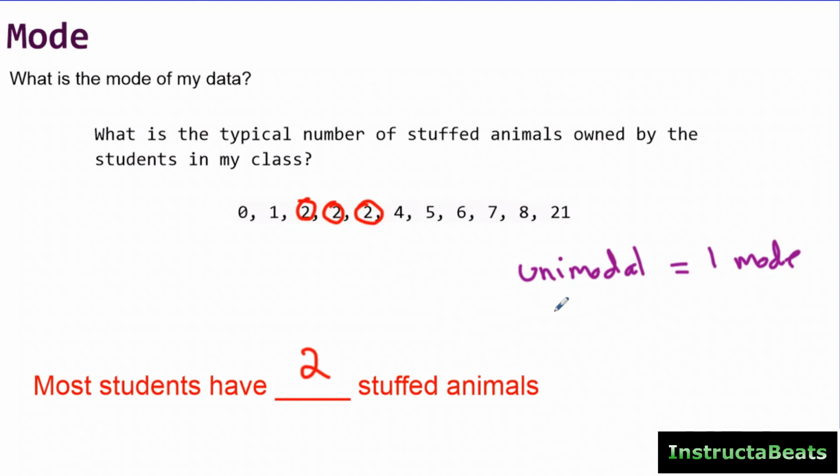If it had 2 modes, you could call it a bimodal set of data. Look at the prefixes: uni, like unicycle or uniform, 1; bi, like bicycle, 2. So this is called a unimodal set of data because it only has one mode. Just a little extra information for you.